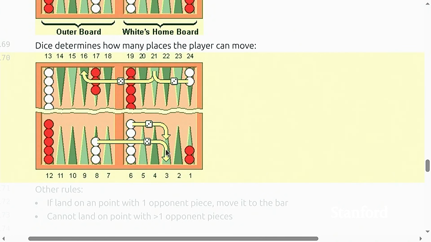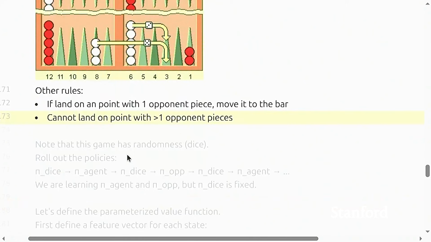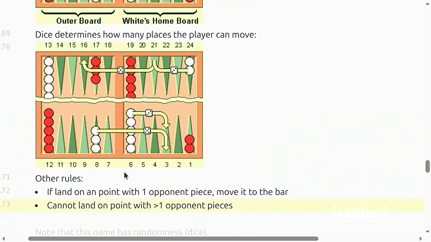Okay? So what makes this game interesting is that if you land on a point with one opponent piece, I guess there's no examples here, then you move that piece to the bar. You sort of crush the piece and it goes to the bar and has to start over. So that's bad for your opponent, good for you. But you can't land on a point with more than one opponent piece.